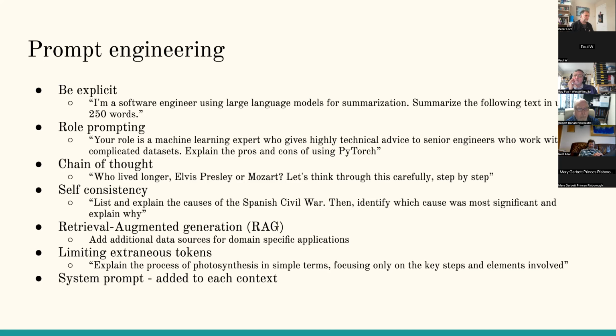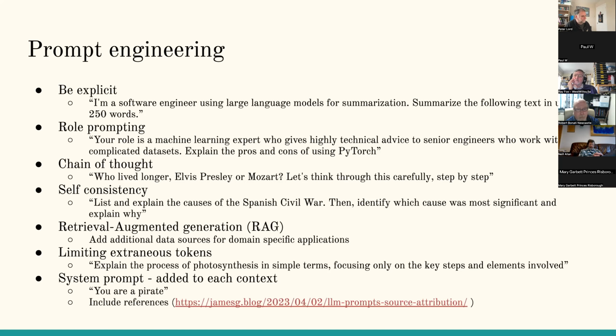Another thing you can do is to add a system prompt. So I said earlier that when you start asking your questions, you're asking questions within a context. And if you want to start a new context, you create a new chat. So a system prompt is something that gets added to each context. So for example, you can add a system prompt such as, you are a pirate.